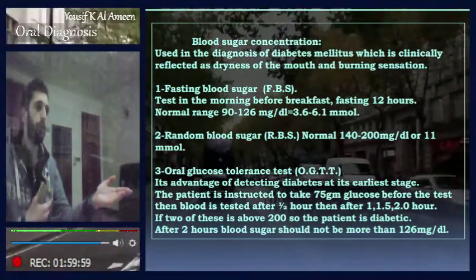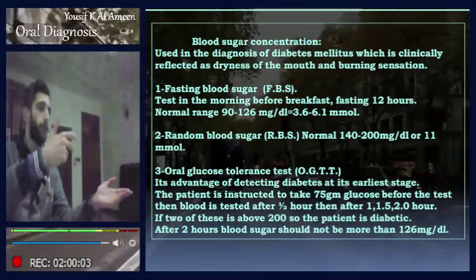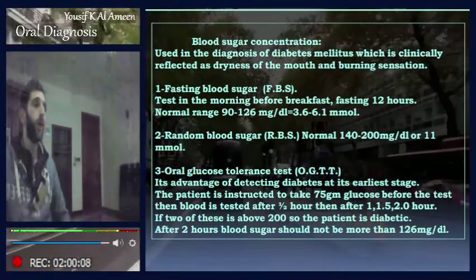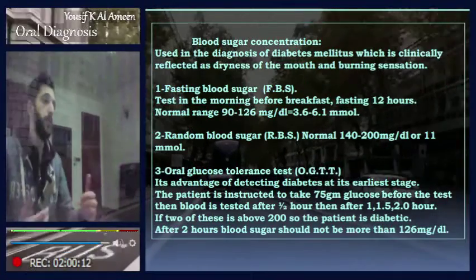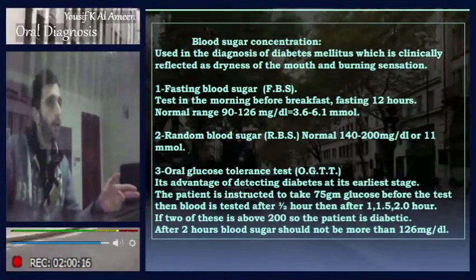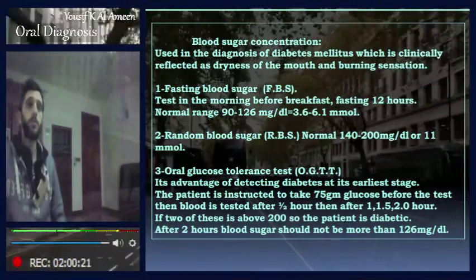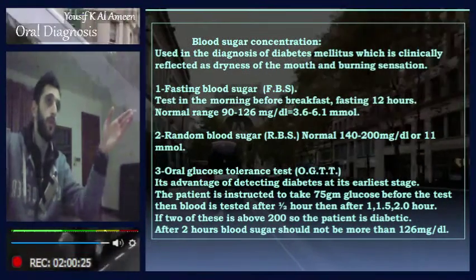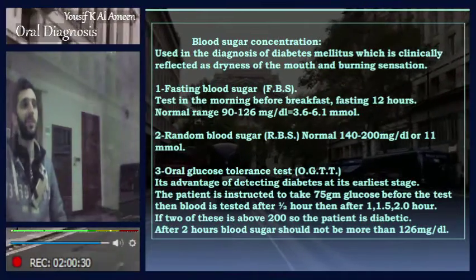Then blood is tested after half an hour, 1, 1.5, and 2 hours. If two of these are above 200 milligrams per deciliter, the patient is diabetic. After 2 hours, blood sugar should not be more than 126, as in the fasting blood sugar.